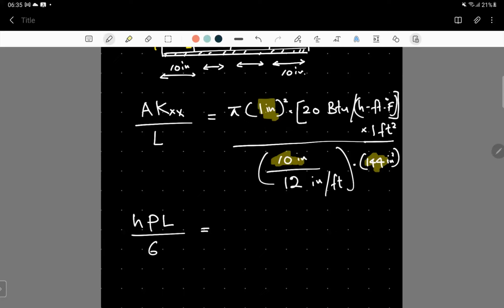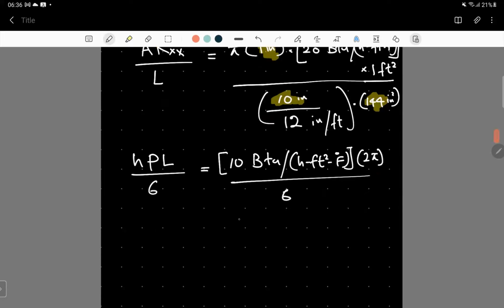Here again, we can use the convective heat transfer coefficient. The convective heat transfer coefficient of the free stream is 10 British thermal units per hour per feet squared per Fahrenheit degree, multiplied by 2π divided by 6. And since the length is in inches, that is 2πr, where r corresponds to 1 inch.